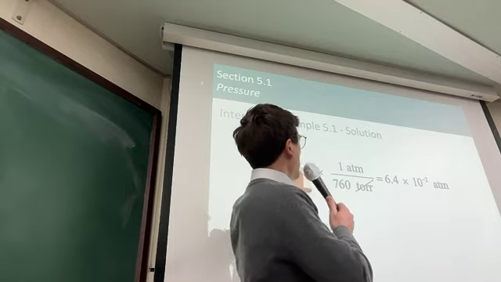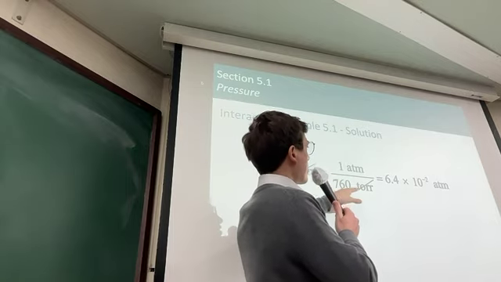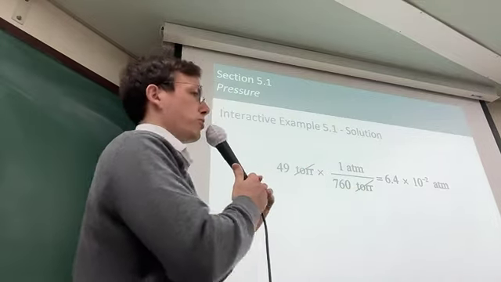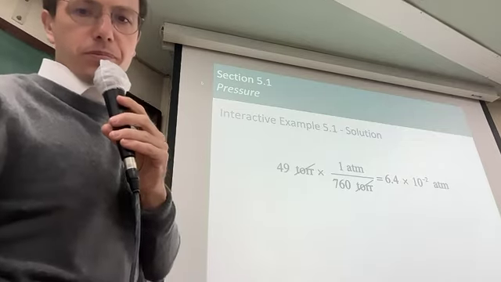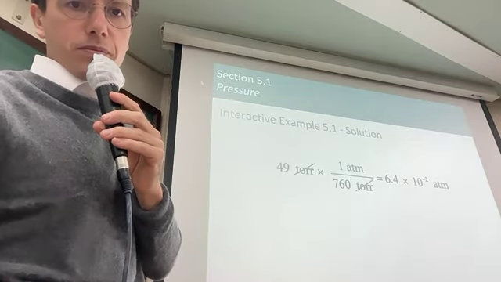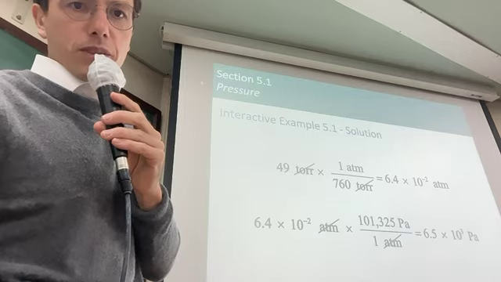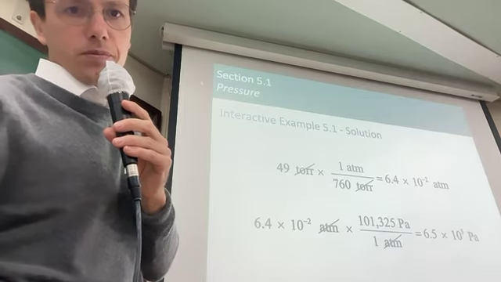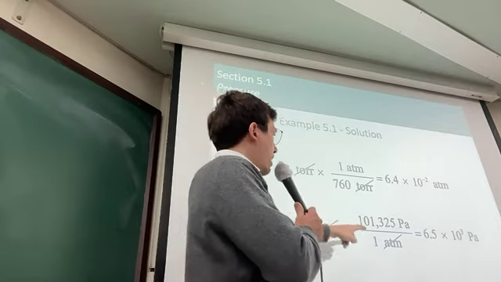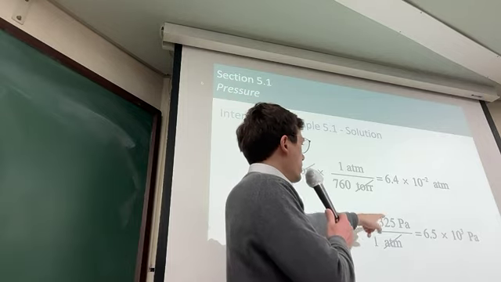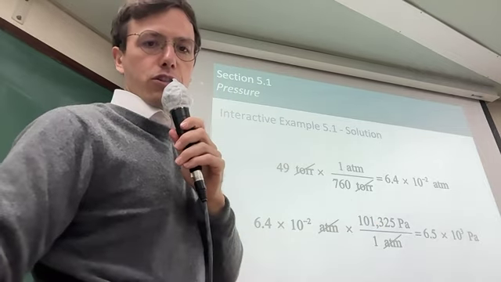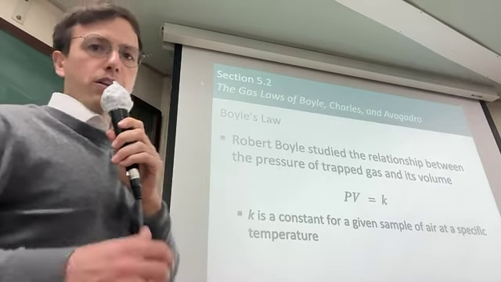So we can multiply it with this factor, the torr cancels out, and we get 6.4 times 10 to the power minus 2 atmosphere. And in Pascal, we use the conversion factor between Pascal and atmosphere, which is 10 to the power 5 roughly Pascal per atmosphere. So we again shorten this and get the result.